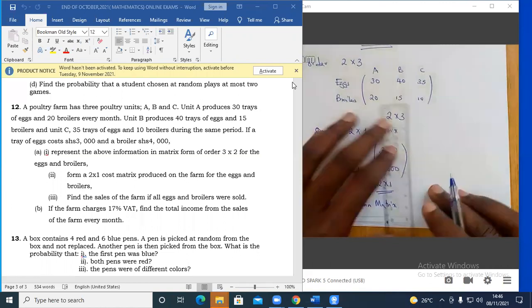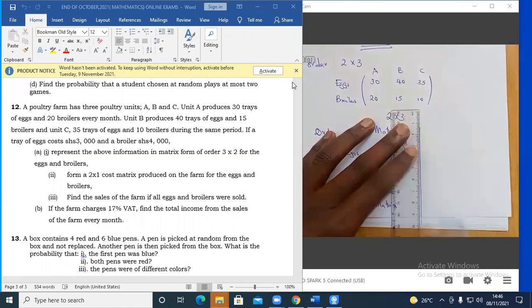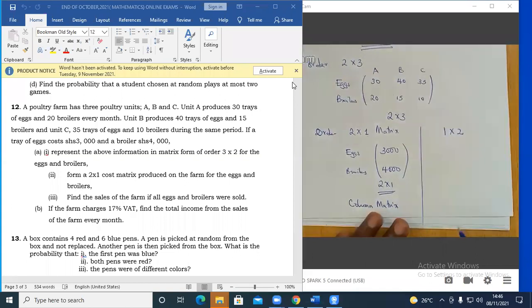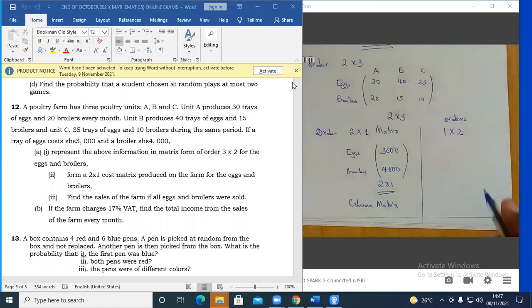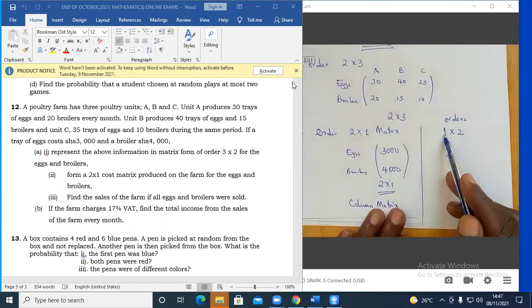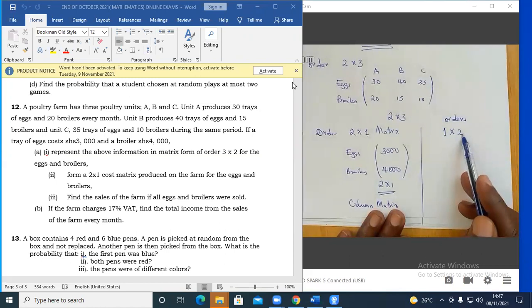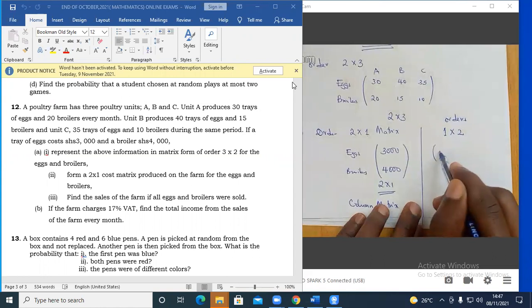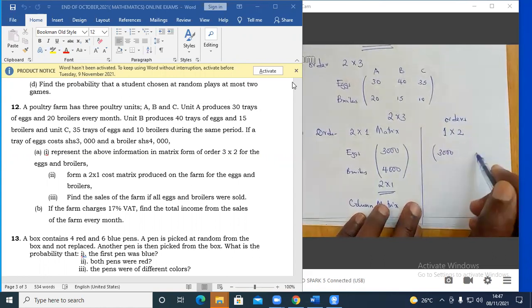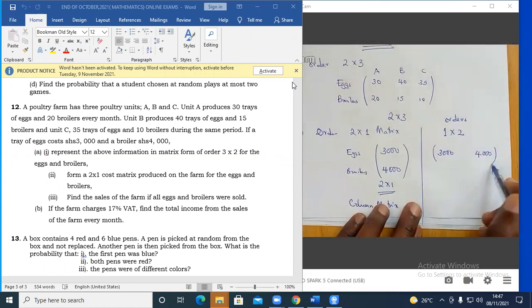What if it's 1 by 2? Who can form a 1 by 2 matrix? It will be 1 row and how many columns? 2. So it will be like this: 3,000, then 4,000.